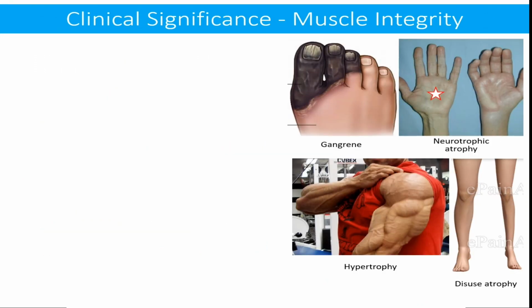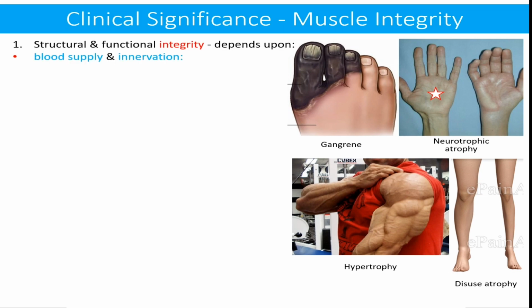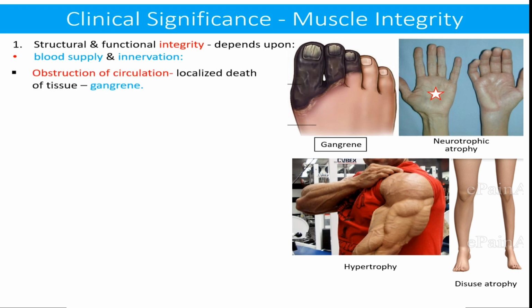Now let us discuss clinical significance of the skeletal muscle. First, the muscle integrity. Structural and functional integrity of skeletal muscle is dependent upon number one, blood supply, and number two, nerve supply.